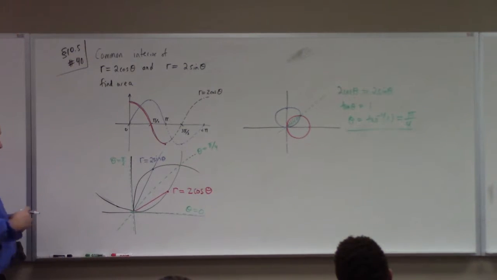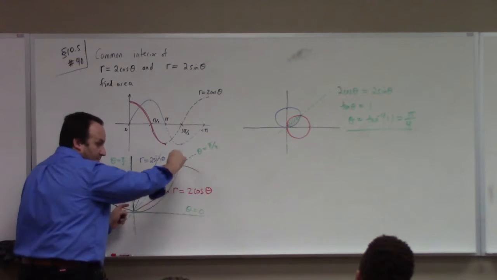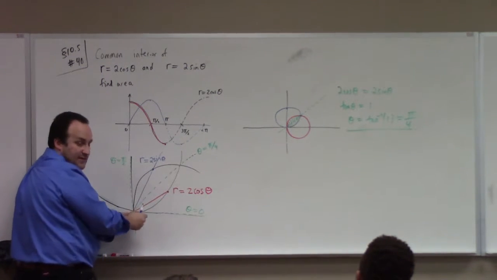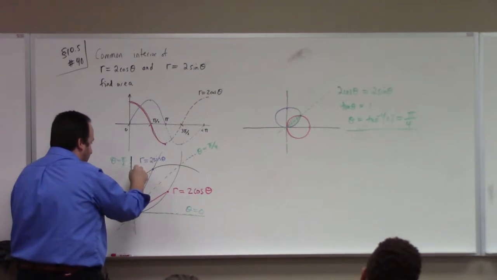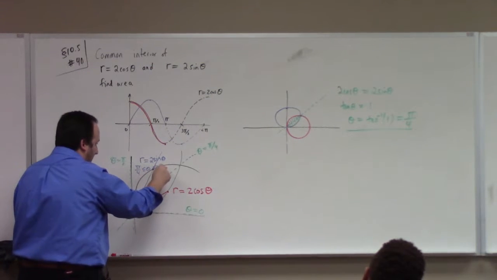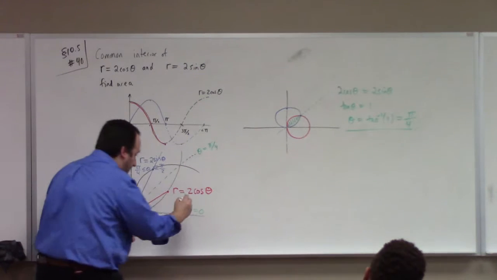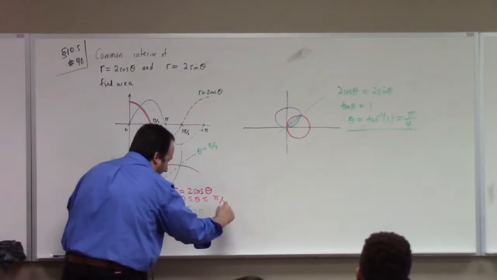And if you study that, you see that any line that I draw in here is going to have 2 sine theta as the radius for the top part, and 2 cosine theta for the bottom part. And this, of course, is for pi over 4 less than or equal to theta less than or equal to pi over 2, whereas that is for 0 less than or equal to theta less than or equal to pi over 4.